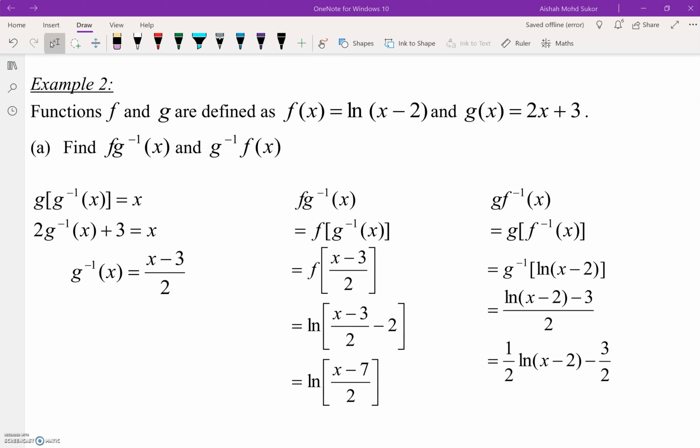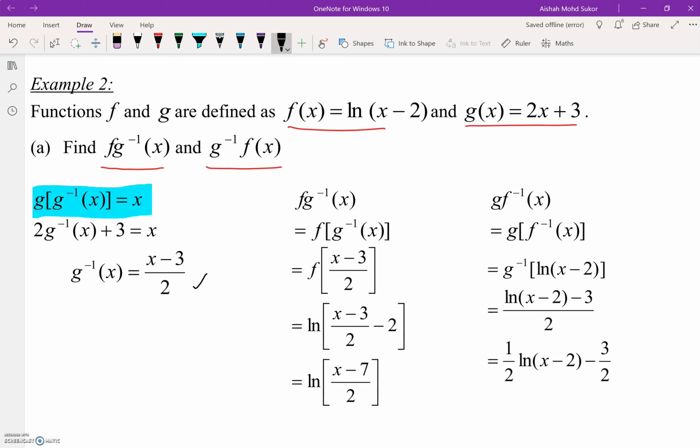Example 2. We have f(x) and g(x). We need to find f(g inverse(x)) and g inverse(f(x)). So first, we have to find what is g inverse. We use g(g inverse(x)) equals x. Then, we get our g inverse.